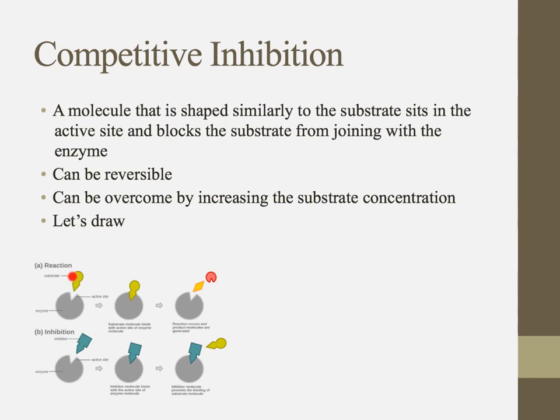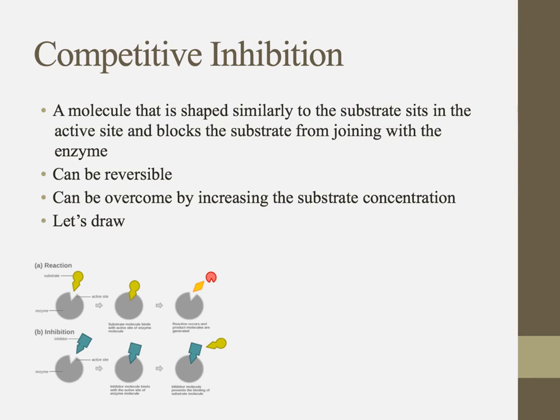Well, in order for that to happen, this substrate has to cozy up here in the active site. If I add in a bunch of molecules that look like that substrate, they might be able to fit in here. Now, they're not the substrate, so the enzyme can't do anything to them, but it's still blocking this active site, and it's preventing this normal reactant from being able to bind here.